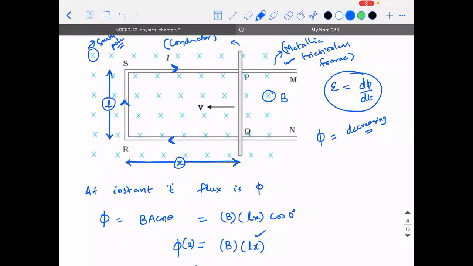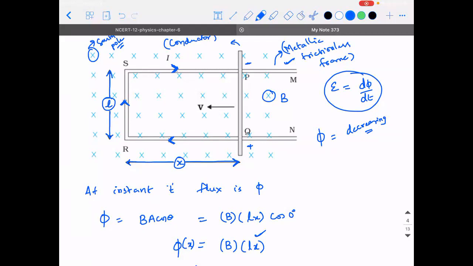This will have a positive polarity and this will have a negative polarity because current flows. See, this is a very common mistake which people make. We know that current flows from higher to lower potential outside the conductor, whereas inside the conductor, current always flows from lower to higher. Nobody thinks about this. I repeat the statement, listen carefully.